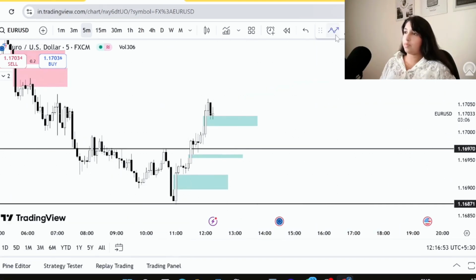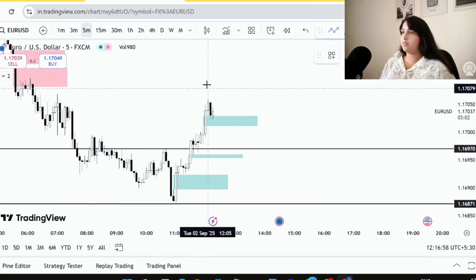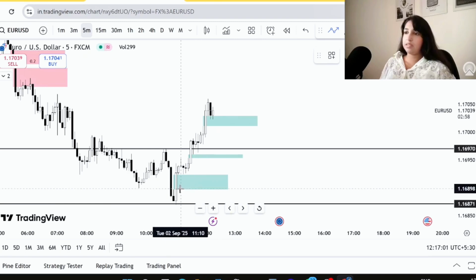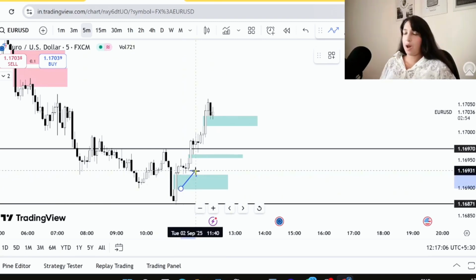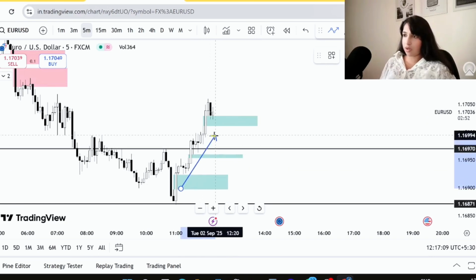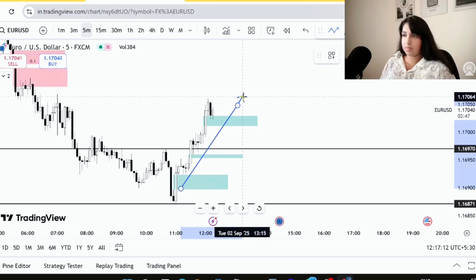I'm going to give you an example. See, for example, this is our space, right? And the market is the rocket. The market is a rocket, it's going up. And now the fuel of this market has been finished.